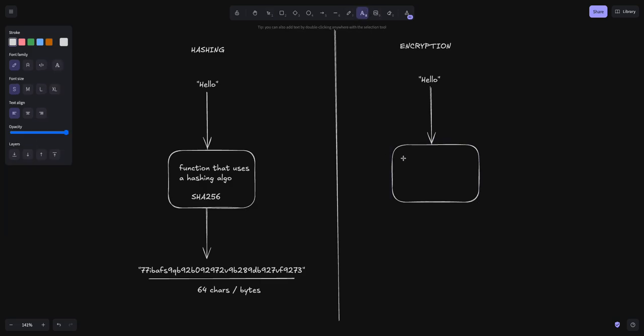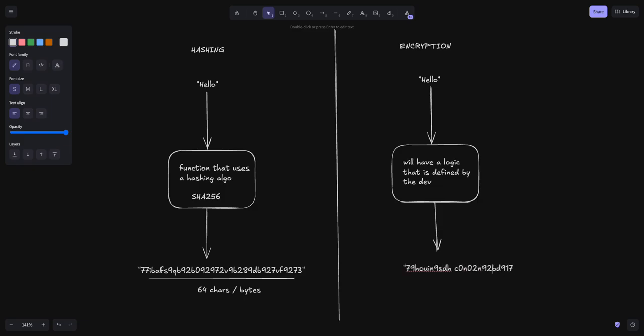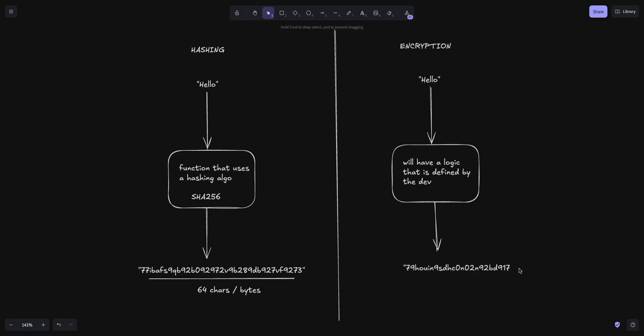This function will have a logic that is defined by the developer. After this, the output of this function will again be a string, mostly, and let's say we get something like this. There won't be any space. I'm just giving an example.